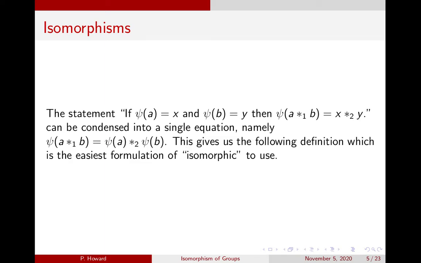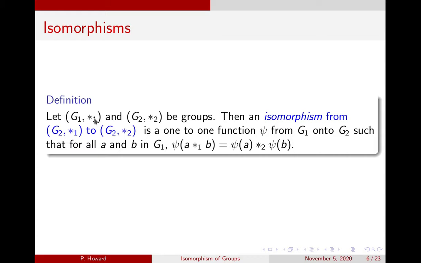So this gives us the following definition of isomorphism. This is probably the easiest definition of isomorphism to use. There might be others, but here's a way of saying it precisely. We have two groups, G1 star 1 and G2 star 2. An isomorphism from the first group to the second is a one-to-one function psi from the first set G1 onto the second set G2.